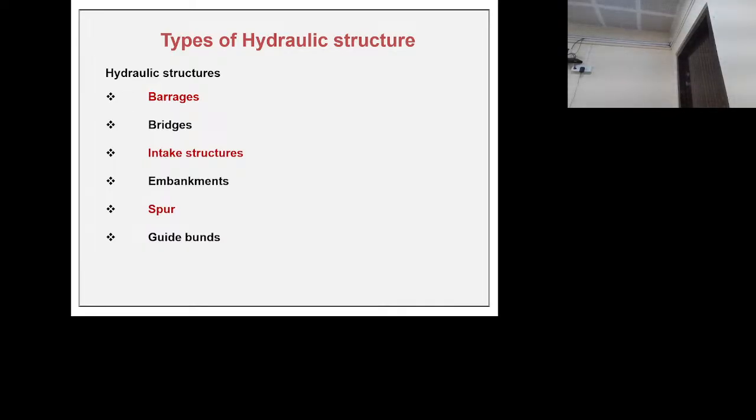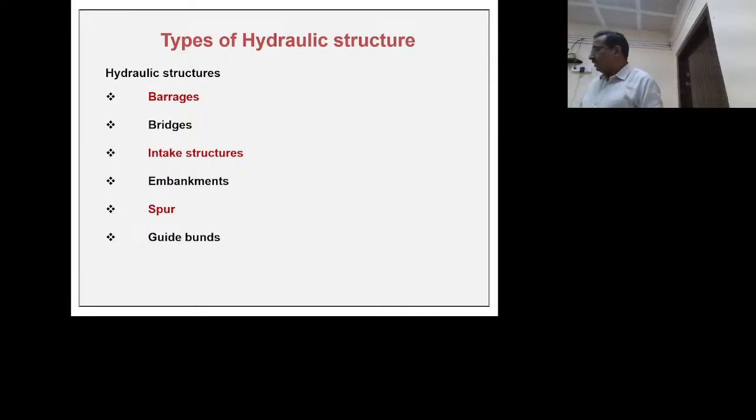Scour is taking place on this bank, and deposition is on the opposite bank. So if you put a structure like this, a spur, it will divert the water from the bank, and it will save the bank. These are the spurs we are using in rivers to protect the banks from erosion.